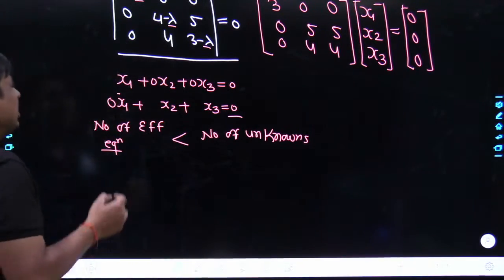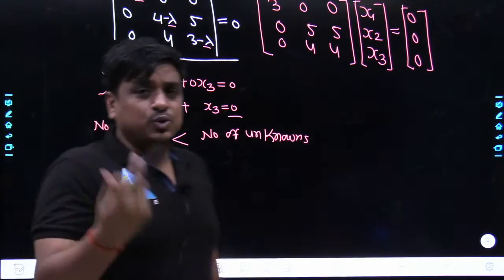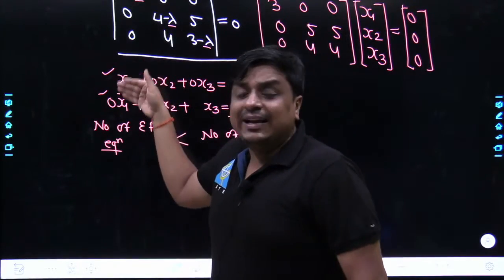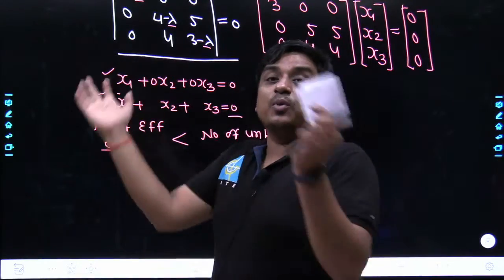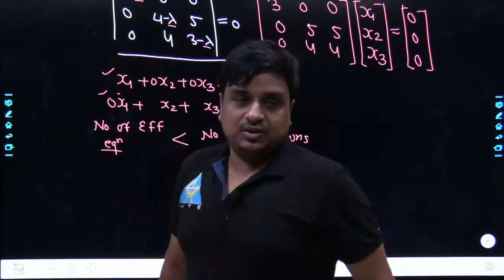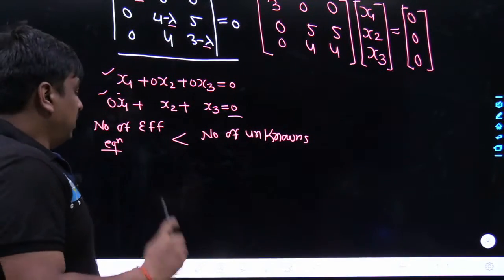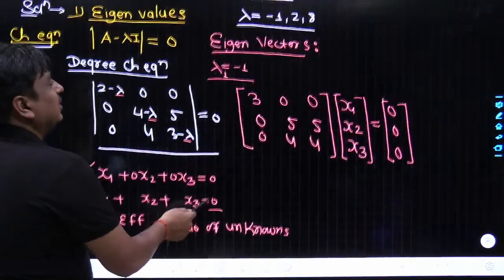But you can change the value of x1. You can keep 1, 2, 3, 4. So for all of the varieties of x1, you will be getting different values of x2 and x3. So the number of solutions is going to be infinitely large. Is that part clear?